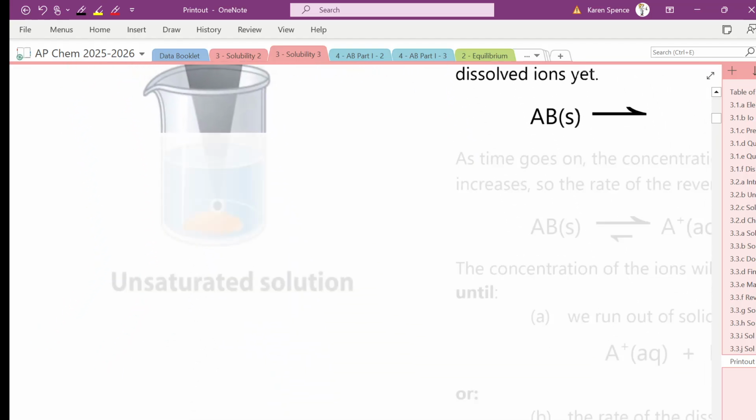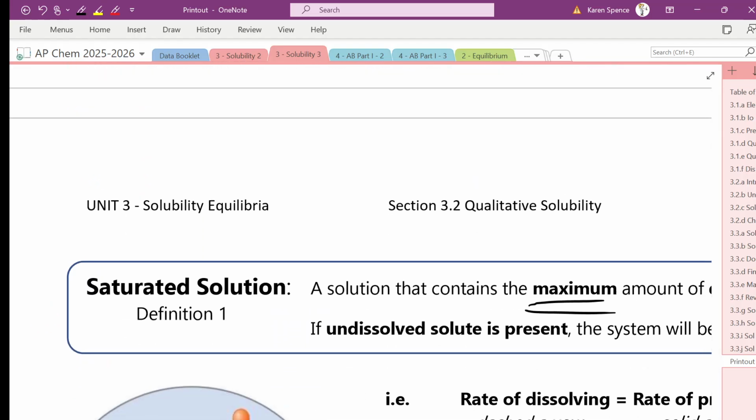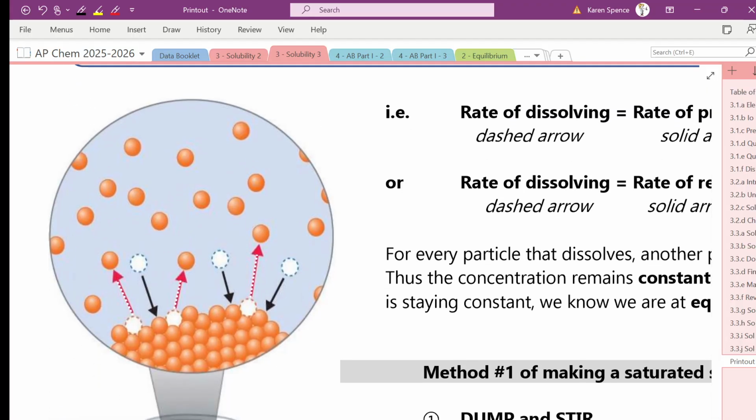And same thing here, except once we get to the saturated solution, every time you get some dissolving, you get exactly the same amount of recrystallization.